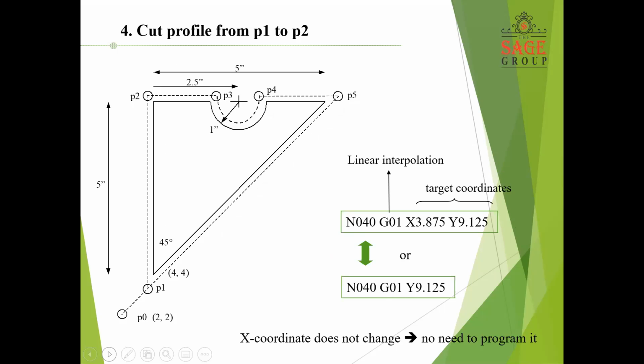If you go through it properly, you will see that this is the programming, how it has been done. Target coordinates ये हो गए आपके, यहाँ कहीं होगा target coordinates.